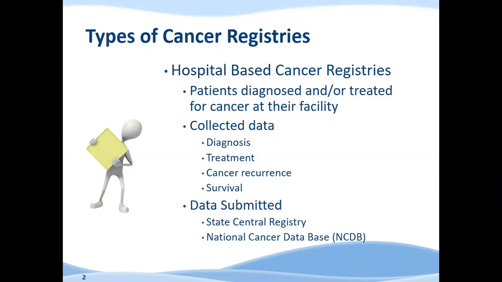They collect data about the diagnosis, treatment, and recurrence of their cancer and the survival of those patients. This data is then submitted to the state central registries, and if the facility is a COC, or Commission on Cancer, accredited facility, then their data is also submitted to the National Cancer Database, or NCDB.